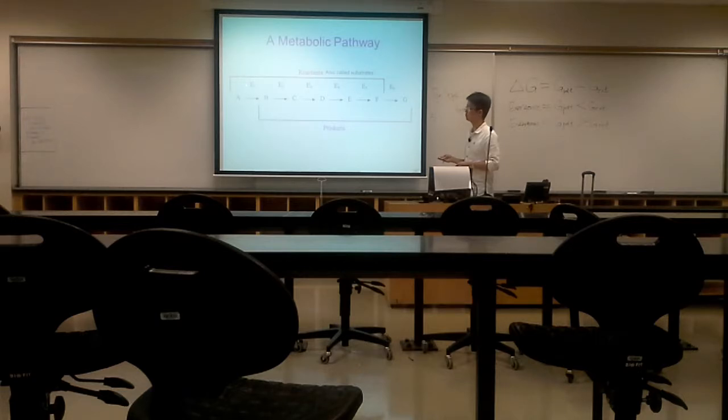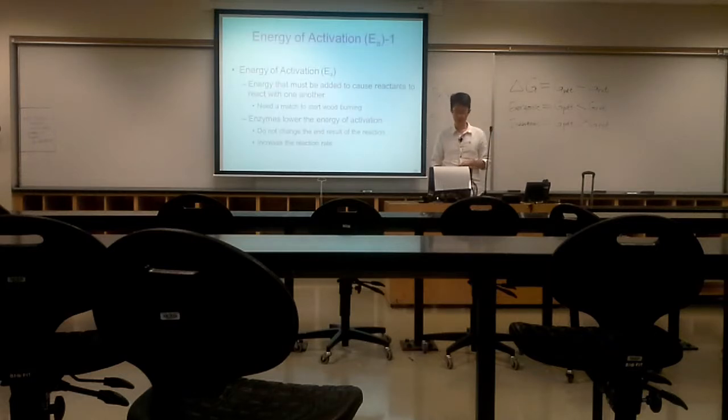But we use small steps. Each step we only require a little bit of the ATP so that it will generate a little bit of heat in each step. In this case, our body will not be overheated. And then, because we have a lot of steps, how do we speed up the reaction? We use enzyme. And I talk about activation energy, or energy of activation.